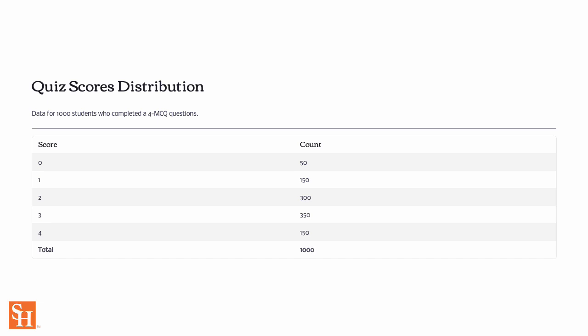For 150 students the score was 1, for 300 students the score was 2, and so on. So in total the number of students is 1000. Now in the next slide we will see how we can transform this information to a probability distribution.